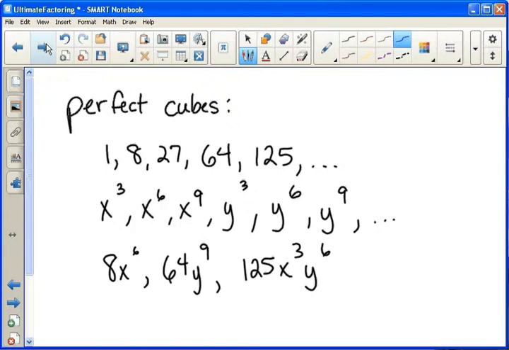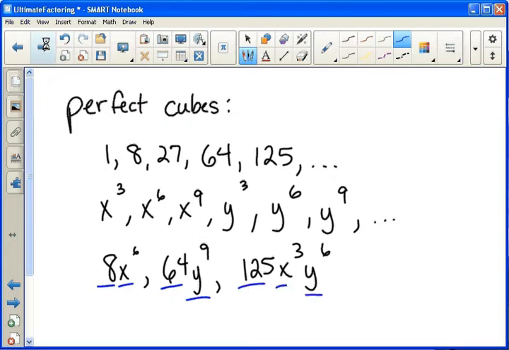So just a couple reminders, when it comes to the variables, as long as their exponent is divisible by 3, they are a perfect cube. And when you have numbers and variables mixed, like the last line, both the number and the variable have to be cubed. In other words, 8 has to be a perfect cube and x to the 6th, 64 and y to the 9th, 125 and x cubed and y to the 6th.